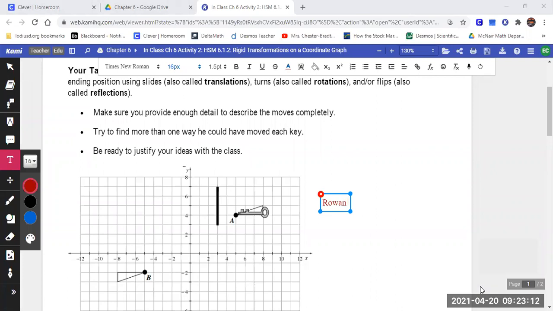So could Rowan do an X direction and a Y direction at the same time for this situation? Well, remember what happens if we do X and Y at the same time. The X direction will happen first. If I move the key to the left, what's going to happen?